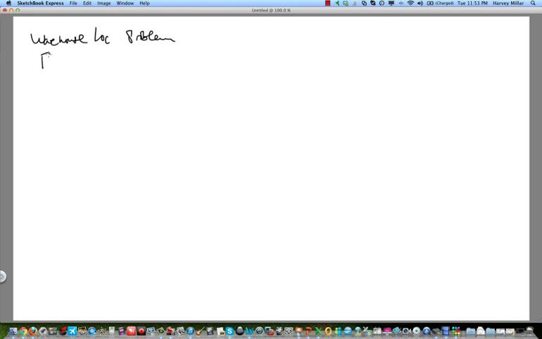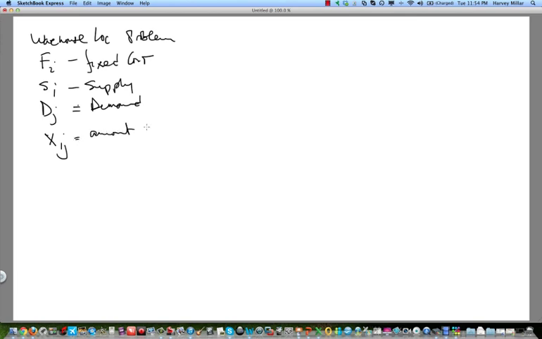We're going to have some fixed costs associated with opening a warehouse, and then we will have S_i as the supply, D_j as the demand for each of the customers, and X_ij as the amount shipped from i to j.